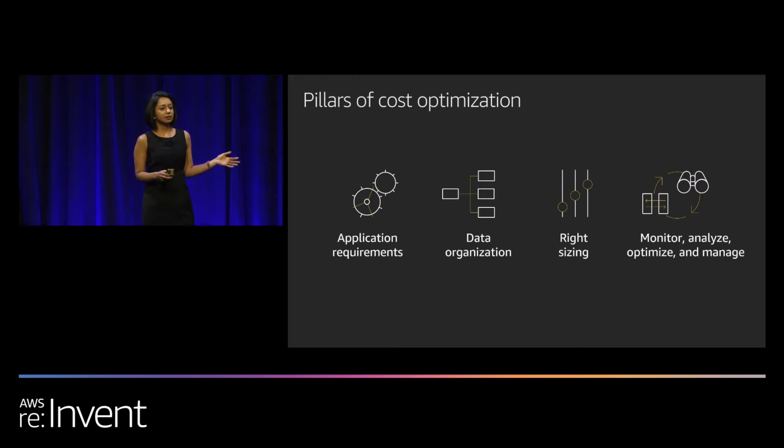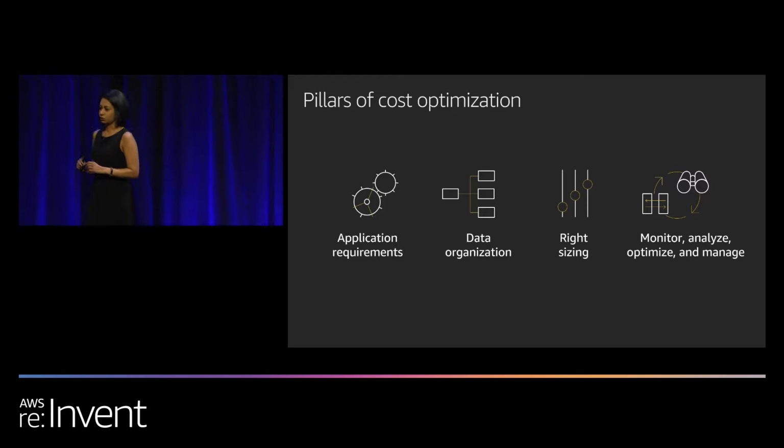The second is data organization. At the very start, when you're building your applications, you want to think about the right organizational techniques. You want to then right-size it. When I say right size, I mean choose the right storage class, set up the right policies, make sure you're putting the right sets of data that you've organized in the right storage class.